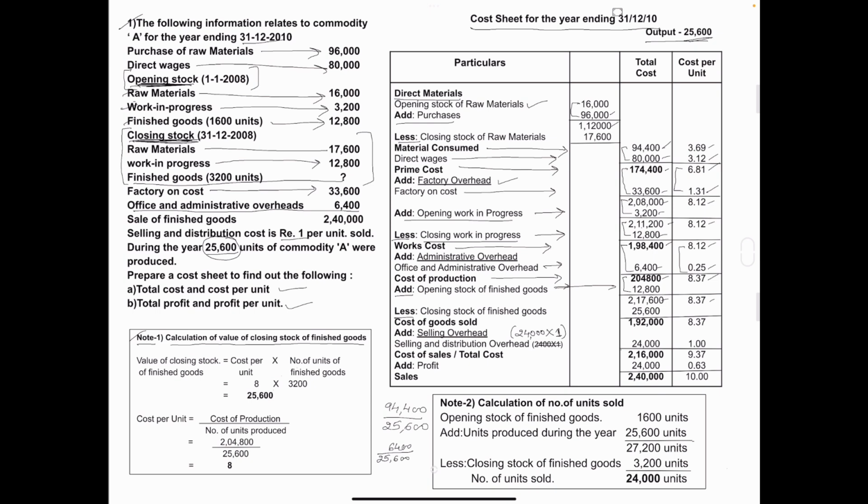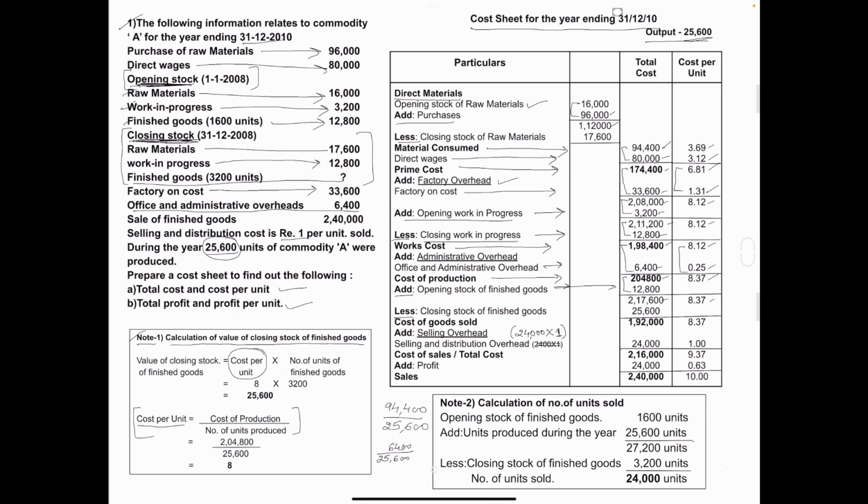In this problem, they have not mentioned the cost per unit amount. So first we have to find out cost per unit. For that, we have to take this formula: cost per unit is equal to cost of production divided by number of units produced.